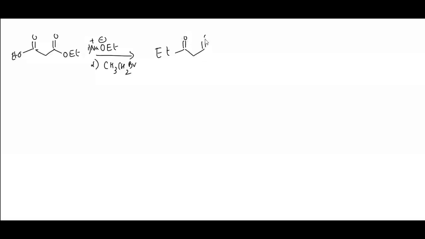The first step creates the enolate, and then the second step alkylates at the alpha position. So here I have my CH2CH3. Now if I hydrolyze it, I get the carboxylic acid, with the ethyl group here.